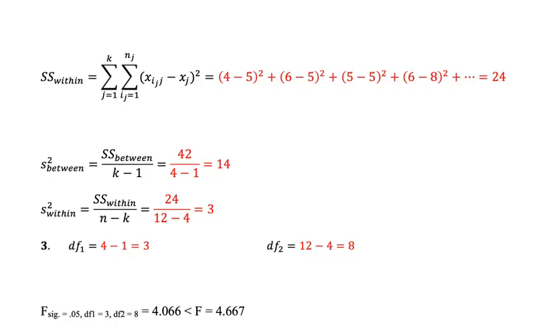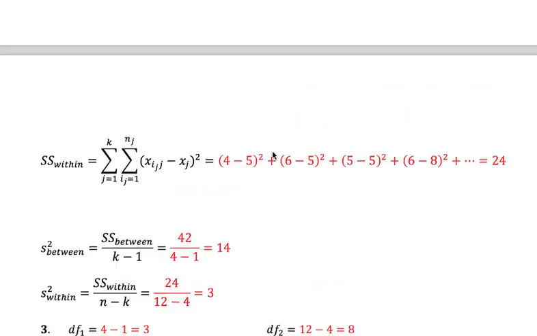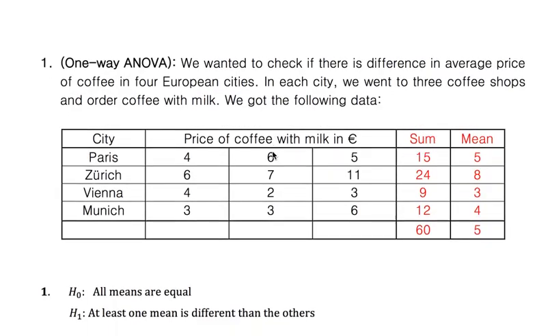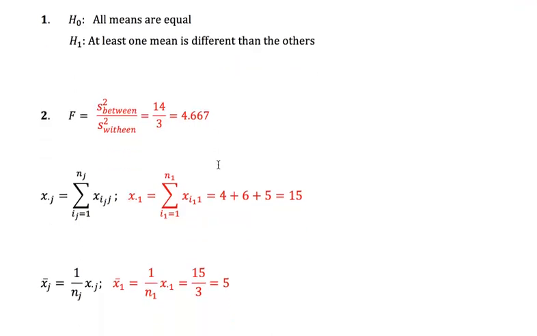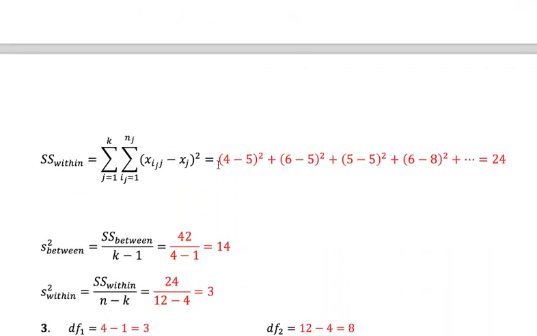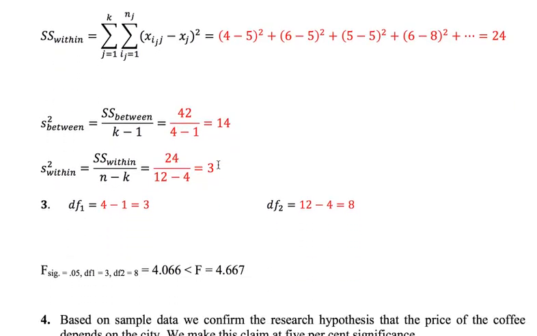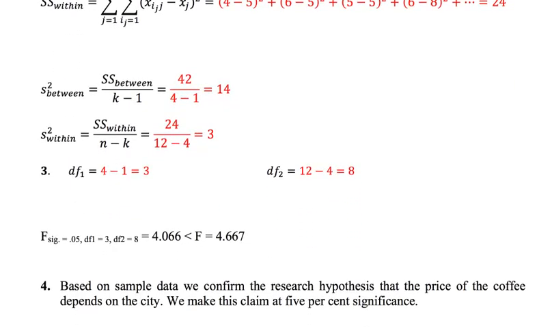If we divide these two, 14 divided by 3, we get the F ratio, which in our case is 4.667. We compare this to an F-distribution with degrees of freedom 3, so k minus 1, and n minus k, 8. So 2 sets of degrees of freedom.